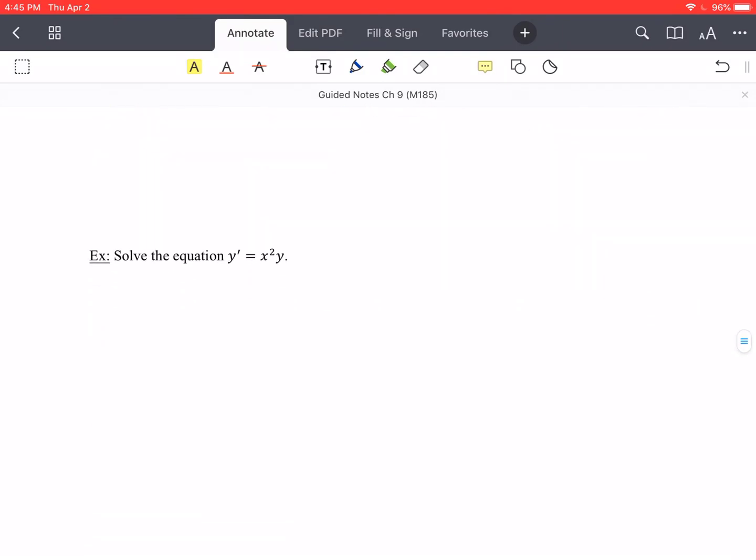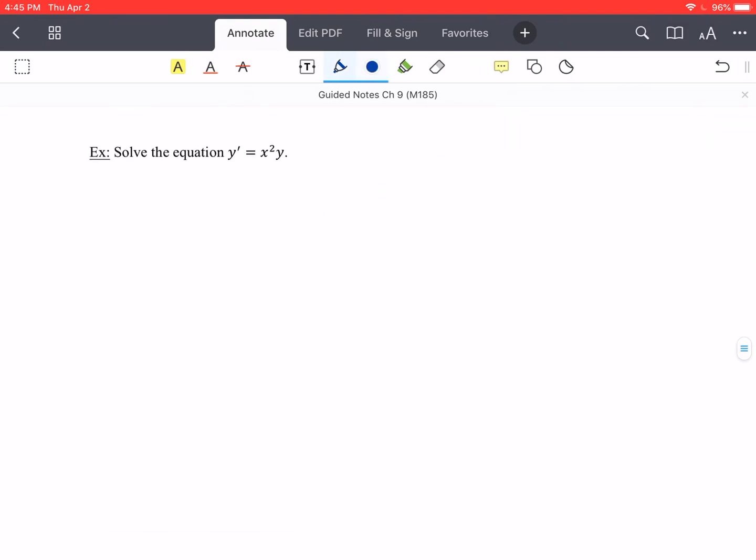So let's look at the last example here. To solve this one, it's written currently as y prime, so let's rewrite it as dy dx, because in order for it to be recognized as separable, we do need to be able to separate out the different variables.